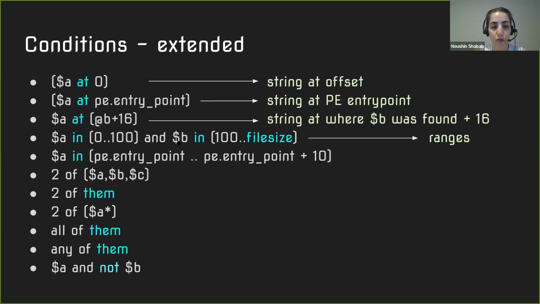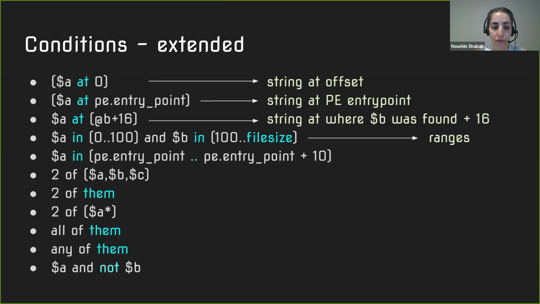So again, with this one, we want the two strings to be present in the file, but we want the string A to be at the first 100 bytes of the file and the string B somewhere after that.